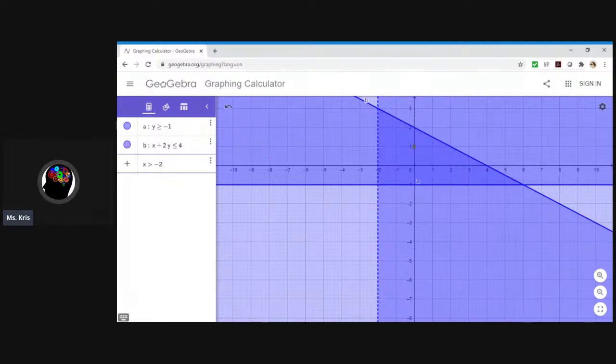So all I want you to remember when it comes to graphing inequalities is that all you will be doing is shading this portion.